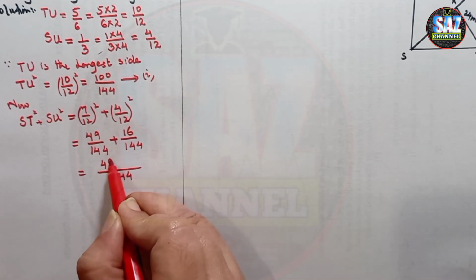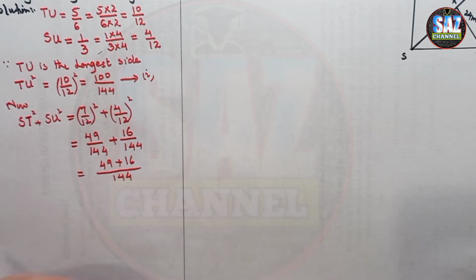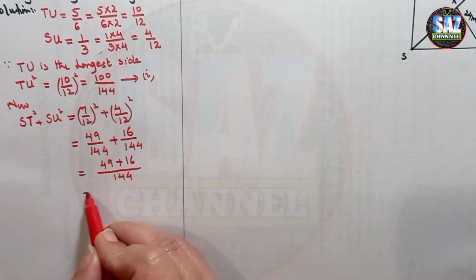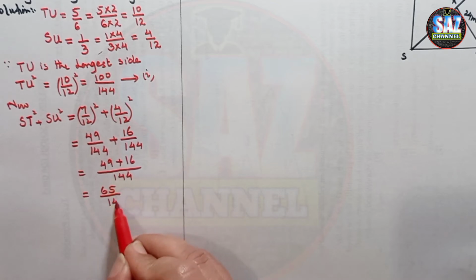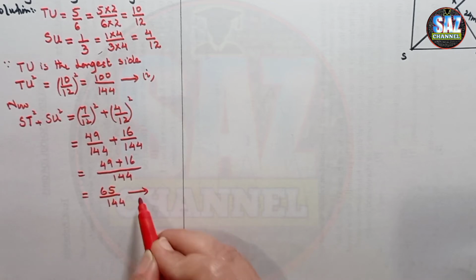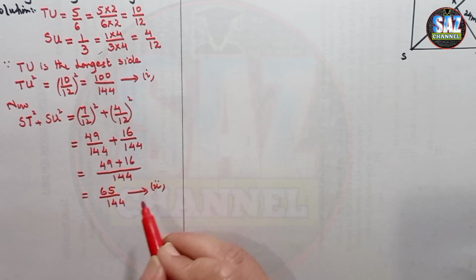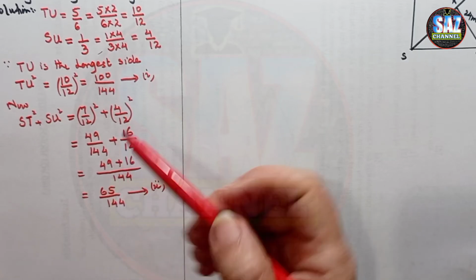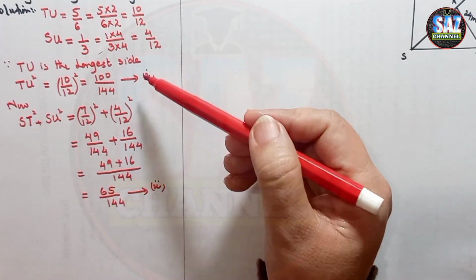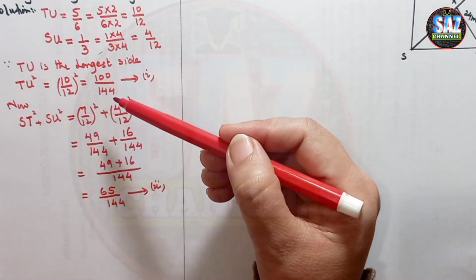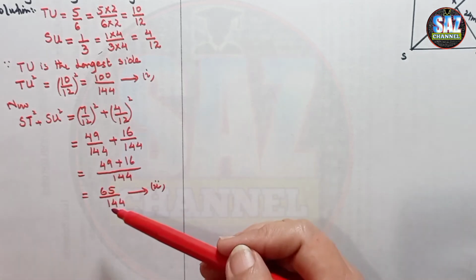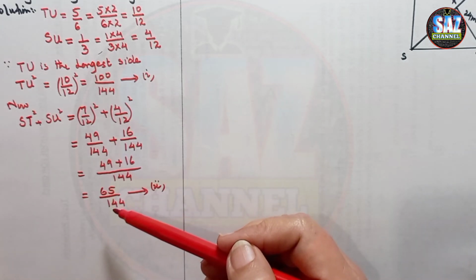144, 49 plus 16, and what will be the answer? 49 plus 16 is 65 by 144. Now what we have to do, recall the previous lesson. We have to compare these two answers. If we look at the answer of TU square, that is 100 by 144, and this answer is 65 by 144.